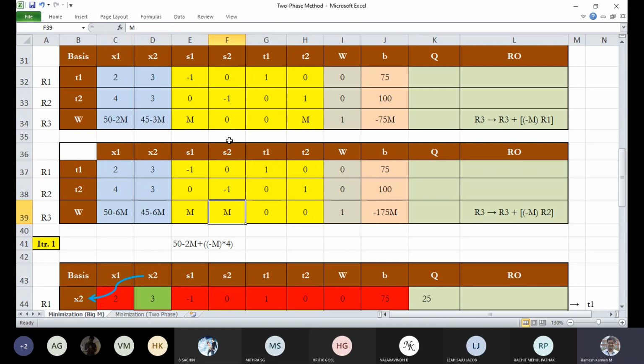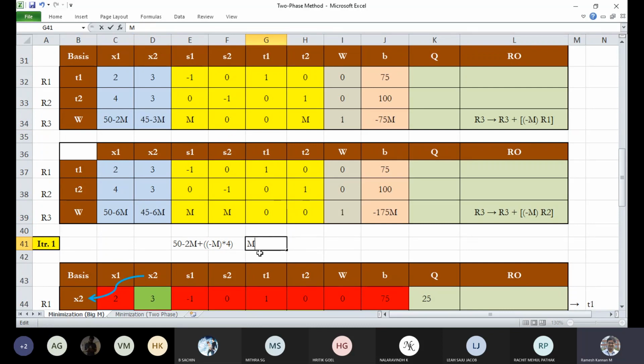And if you take a look here, we have 0, and here we have m. So m plus minus m into 0, which is nothing, so it will retain m itself.